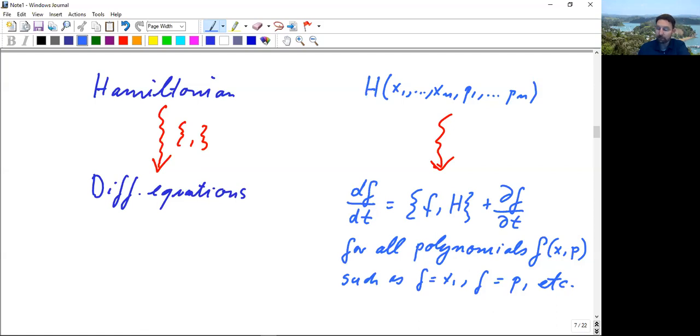And that variable could be just x1 or p1, or it could in fact be any polynomial of x1 and p1.